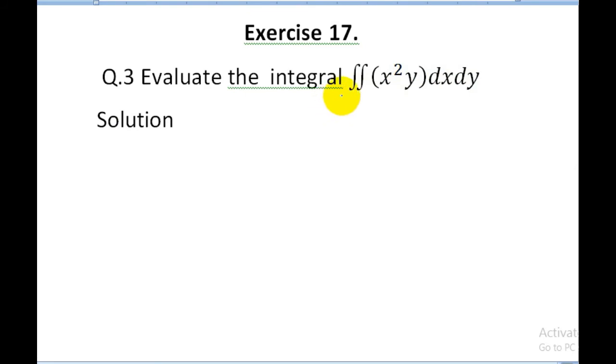So here x varies from 2 to 4 and y from 0 to 1. Now we integrate this function. First I rewrite this function, integration 2 to 4 double integration.